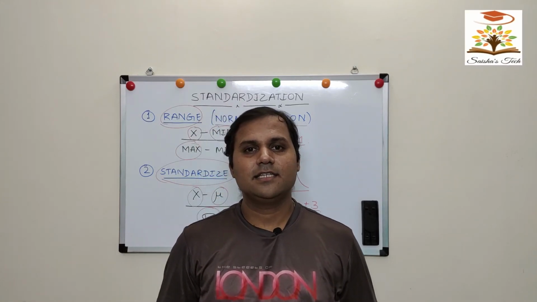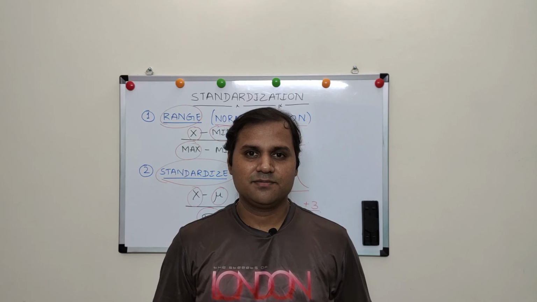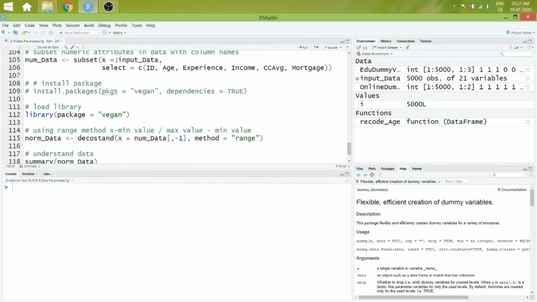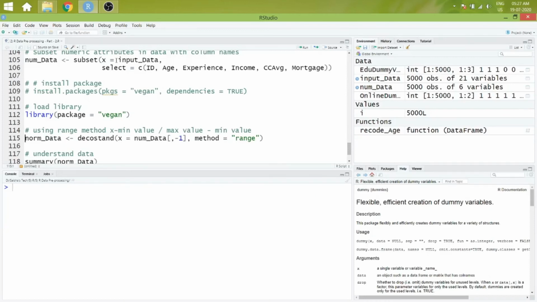Now let us understand the standardization technique using practical approach. In line 105, we are subsetting numeric attribute from the original data frame. Vegan package is helping us to standardize variables. In line 115, we are converting numeric data to 0 to 1.